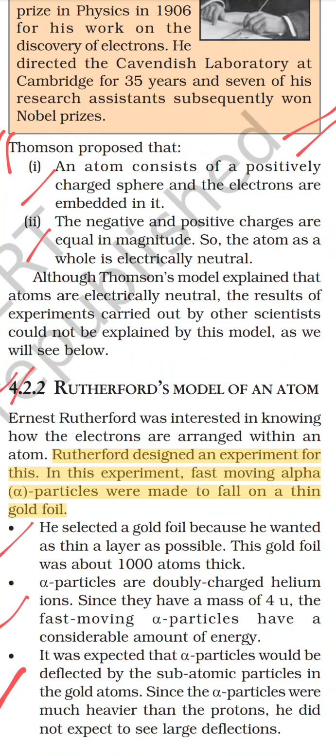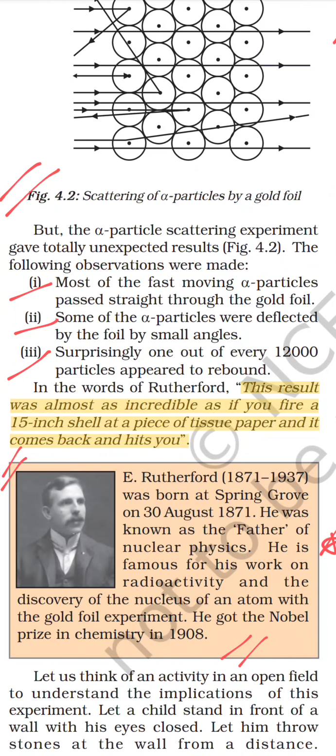It was expected that alpha particles would be deflected by the subatomic particles in the gold atoms. Since the alpha particles were much heavier than the protons, he did not expect to see large deflections. Figure 4.2, scattering of alpha particles by a gold foil.